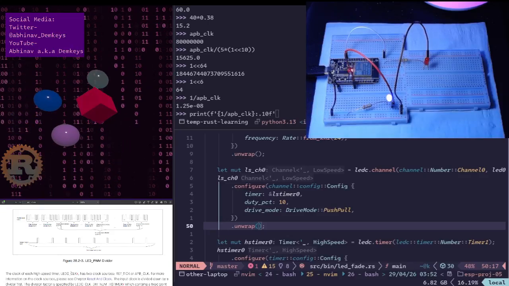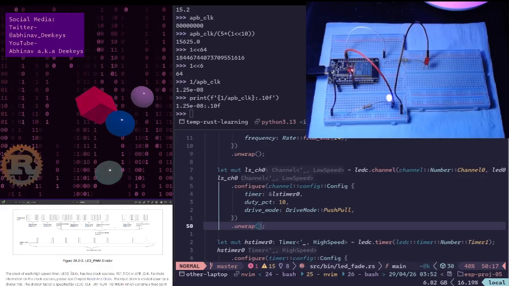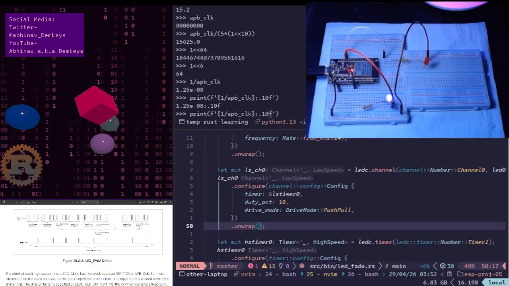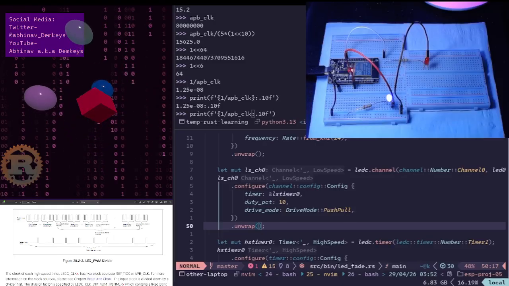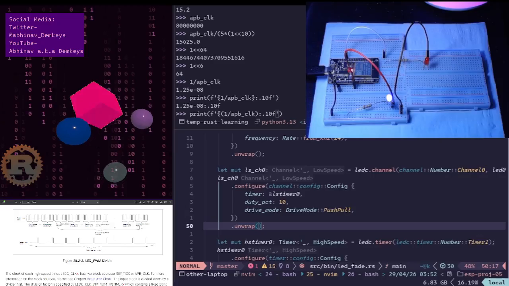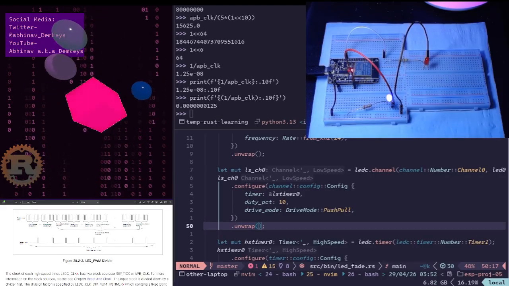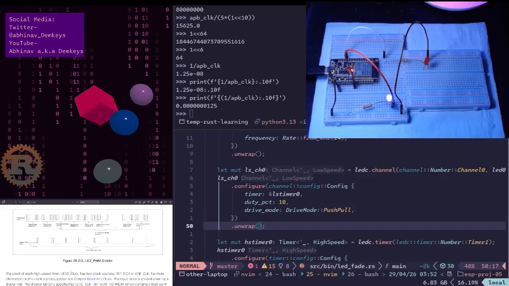I hope I've done this right. I have not done this right, so I need to put this dot 10f in here. Let me do this. Yeah, this is our number. This is how many seconds each tick is.